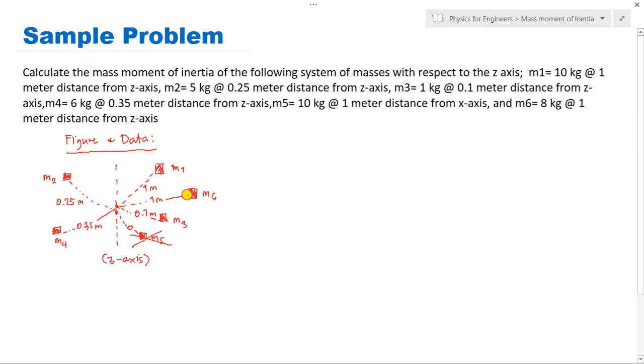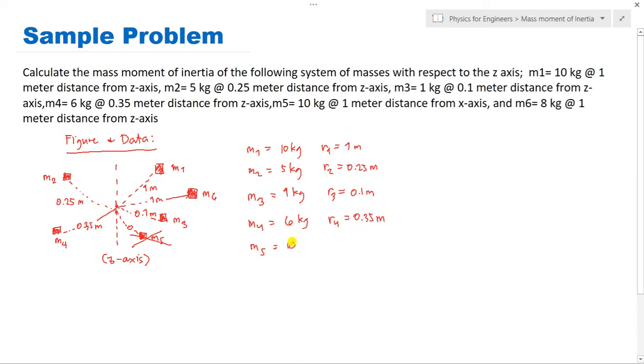Okay, if we list the givens: mass 1 is 10 kg, R1 equals 1 meter. Mass 2 is 5 kg, its distance from the fixed axis is 0.25 meter. Mass 3 is 1 kg, R3 equals 0.1 meter. Mass 4 is 6 kg, its distance is 0.35 meters from the z-axis.